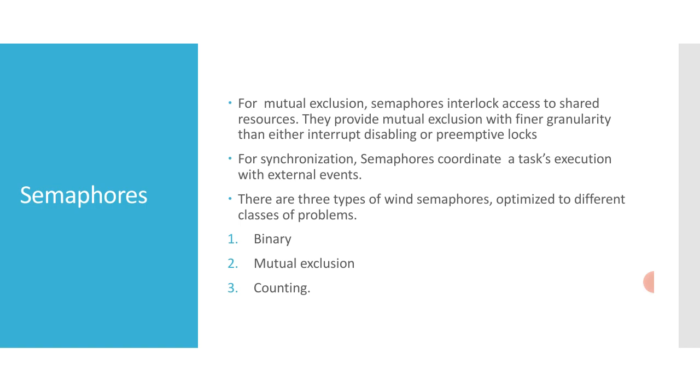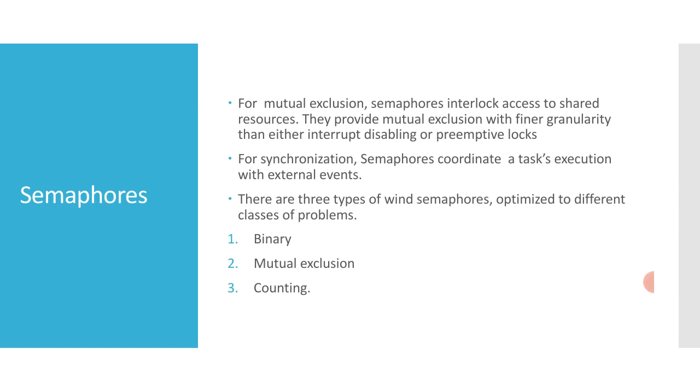There are three types of Wind semaphores optimized to address different classes of problems. One is binary, next is mutual exclusion, and counting. Binary: the fastest, most general purpose semaphore, optimized for synchronization or mutual exclusion.